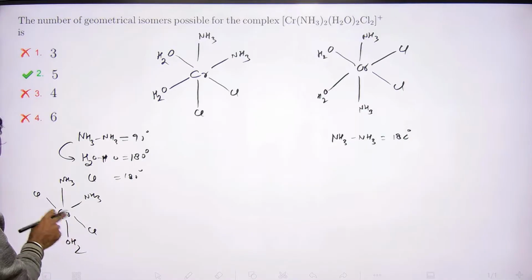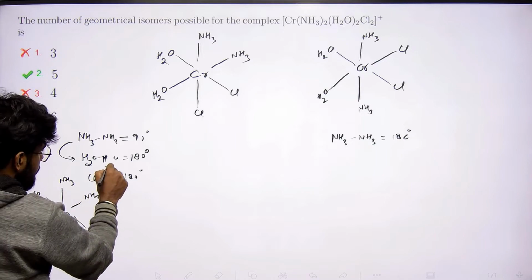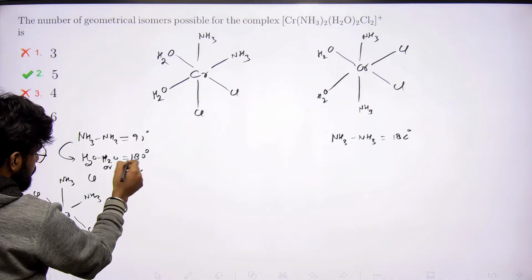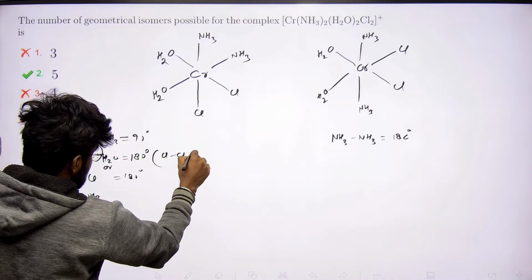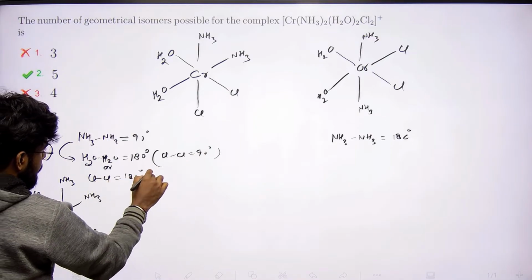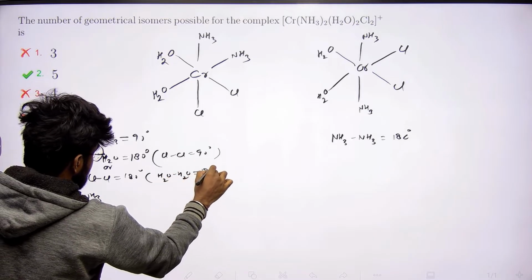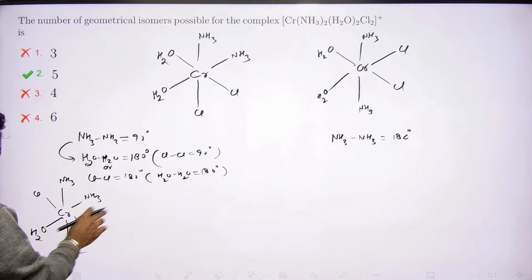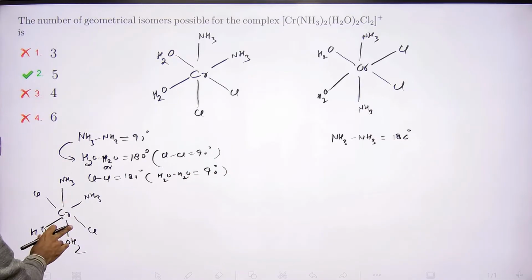If you place two chlorine atoms at 180 degrees, then consequently your 2 H2O will be at 90 degrees. So either of these is true, right? If H2O is at 180, then chlorine will be at 90 degrees, and if you place chlorine at 180 degrees, what will happen? H2O will be at 90 degrees, right? So now this is another structure that is possible.